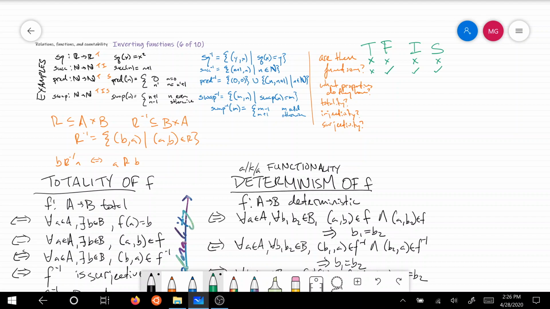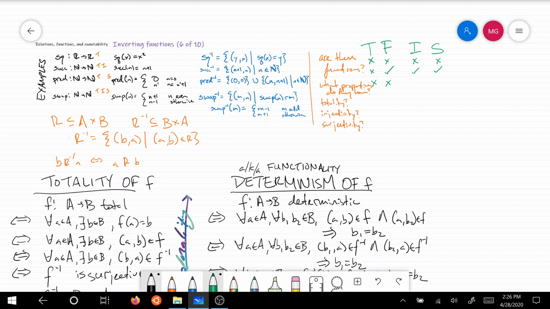What about predecessor? Okay, it was a total function. Is the thing that we get back out a total function? Well, it is total, but it's not a function. In particular, 0 maps to itself, and it also maps to 1. So what does that mean in terms of surjectivity?